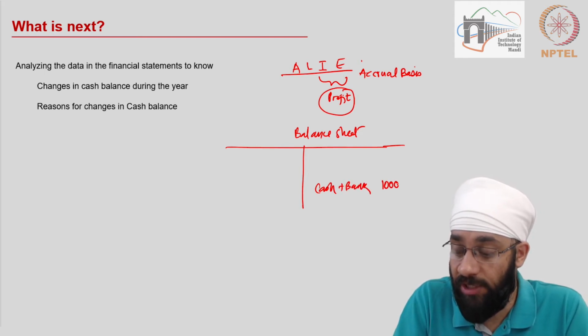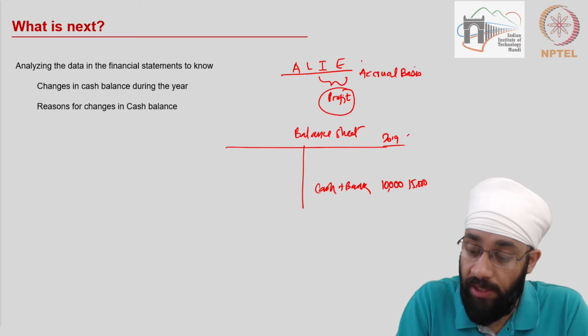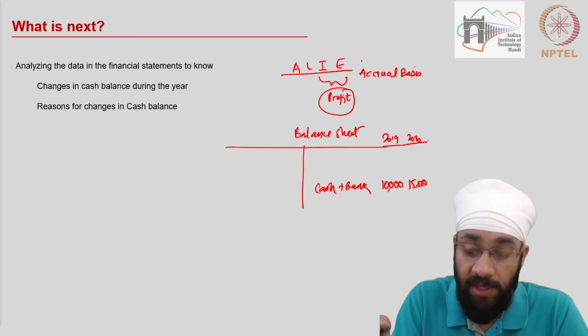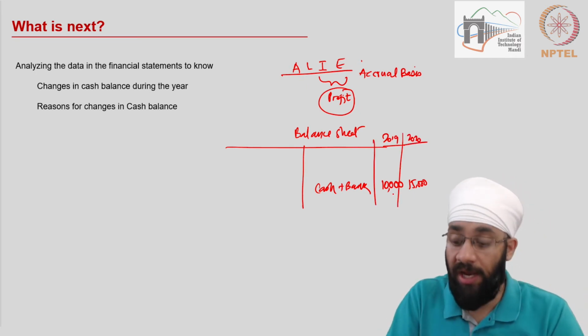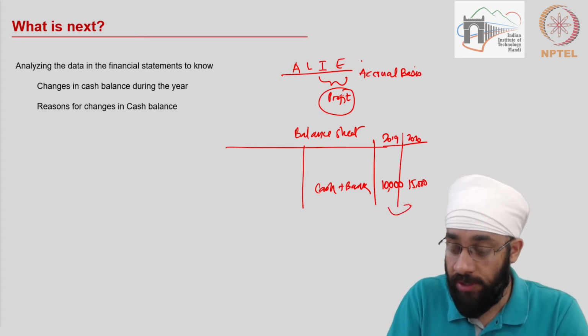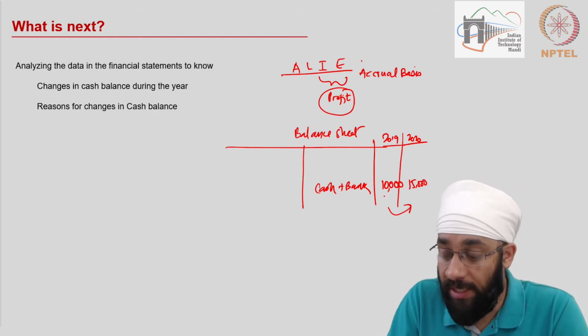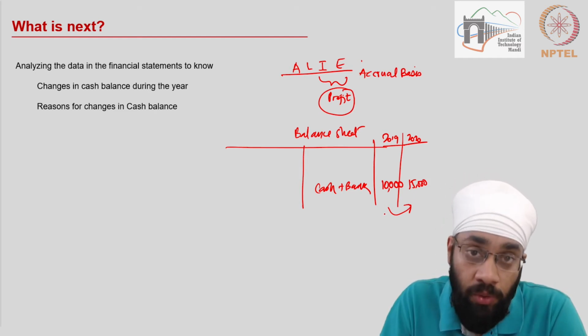Let's say the cash balance changes from 10,000 to 15,000, and this was 2019, this is 2020. 2 years of data is shown in the balance sheet, and I'm only looking at, say, the asset side. So now the question is, what caused these changes? How did these additional 5,000 rupees come into being?